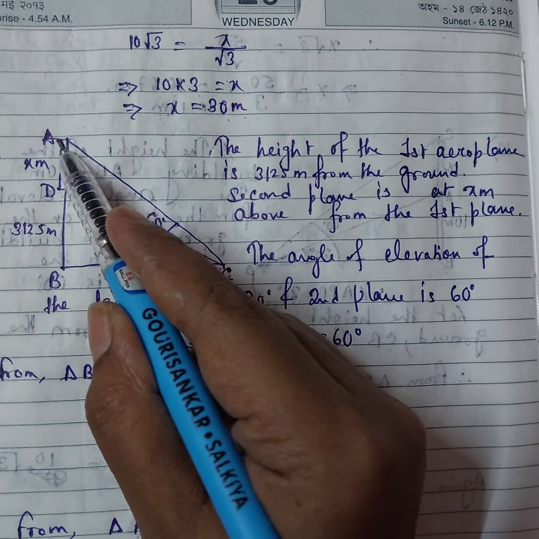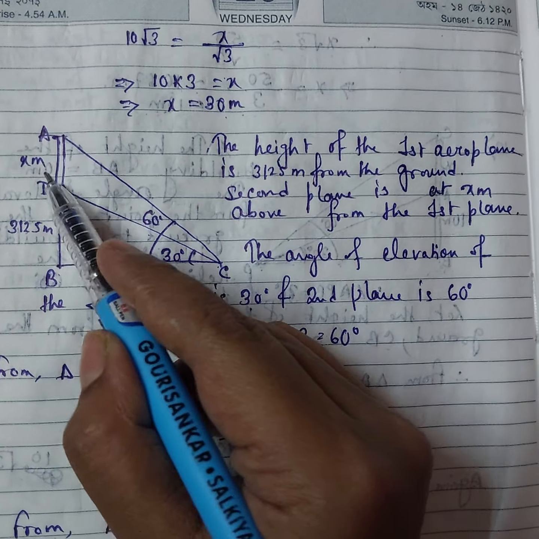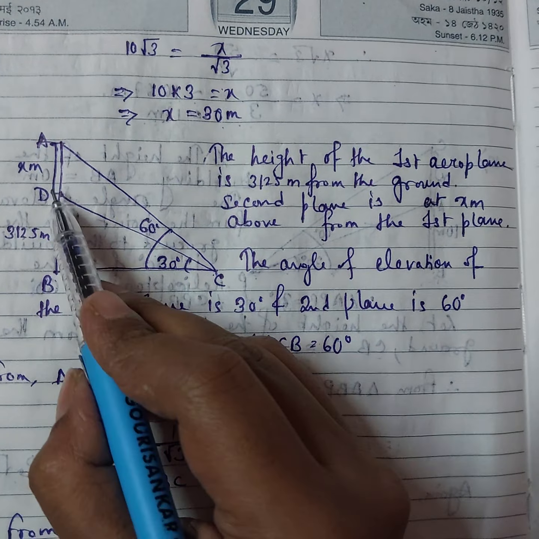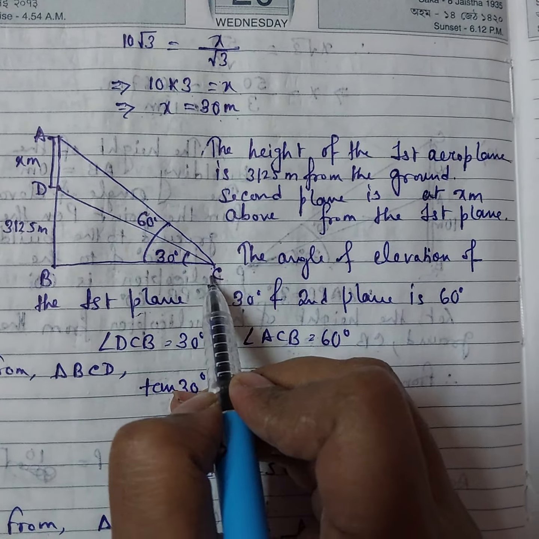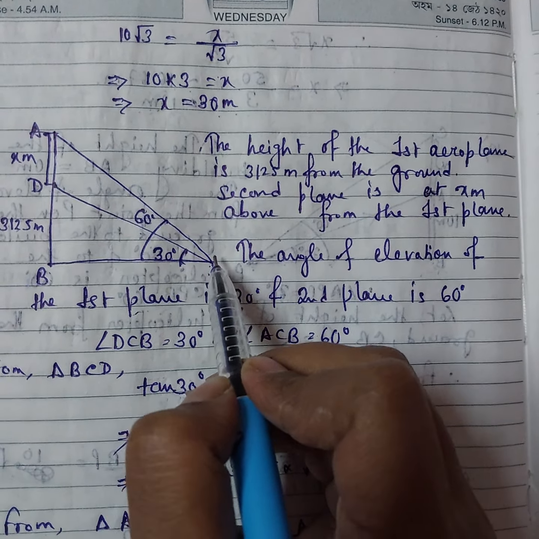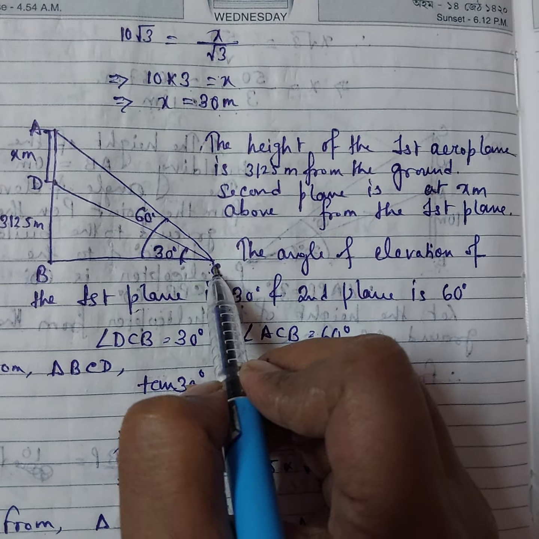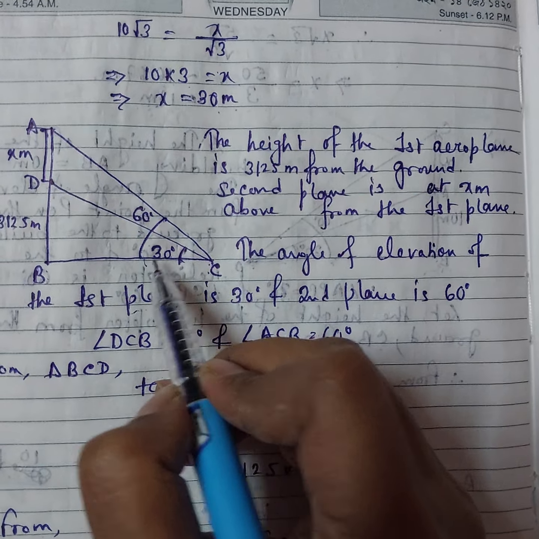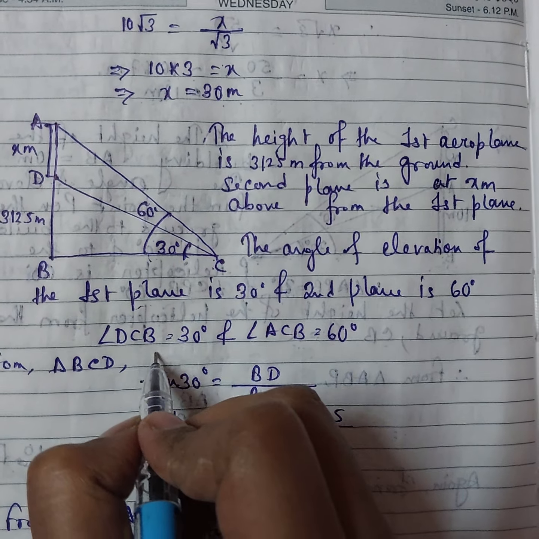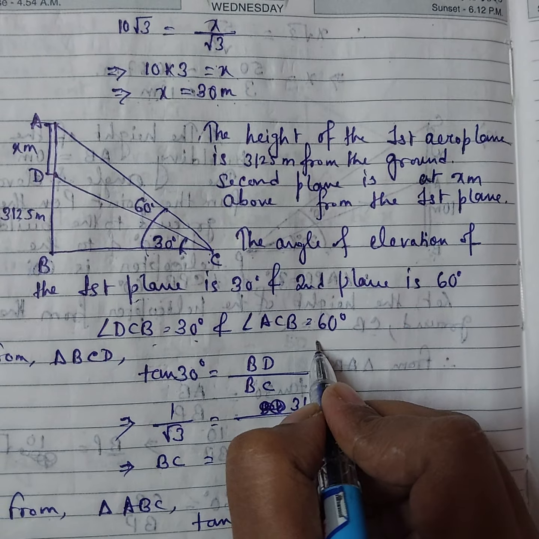So this is the position of the second plane, and the distance between the first plane and the second plane is x meter. Now the angle of elevation of the first plane from the point C is 30 degree, and the angle of elevation of the second plane from the point C, which is on the ground, is 60 degree. So you can easily say that angle DCB is equal to 30 degree and angle ACB is equal to 60 degree.